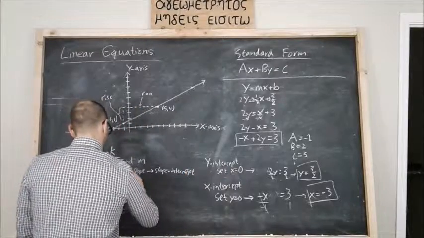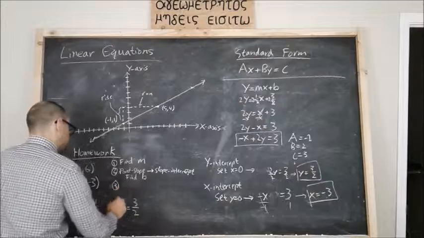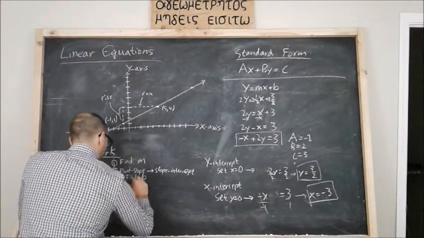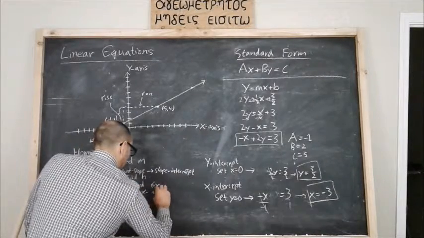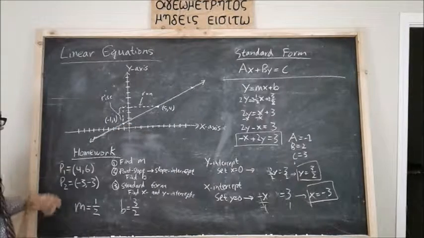Then find b. So that's all part of step 2. Step 3, I want you to go to standard form and find the x and y intercepts. So that's your homework.